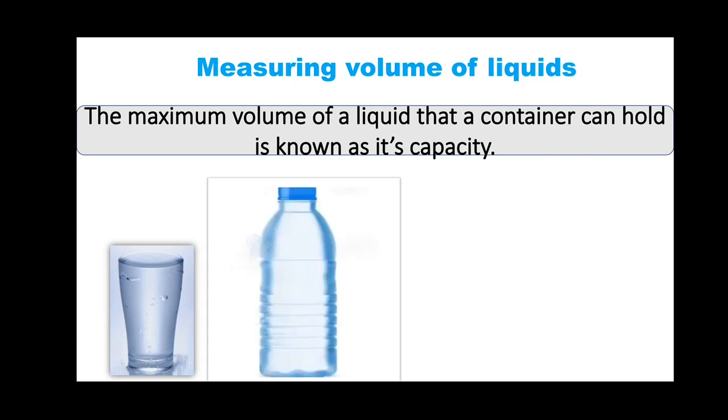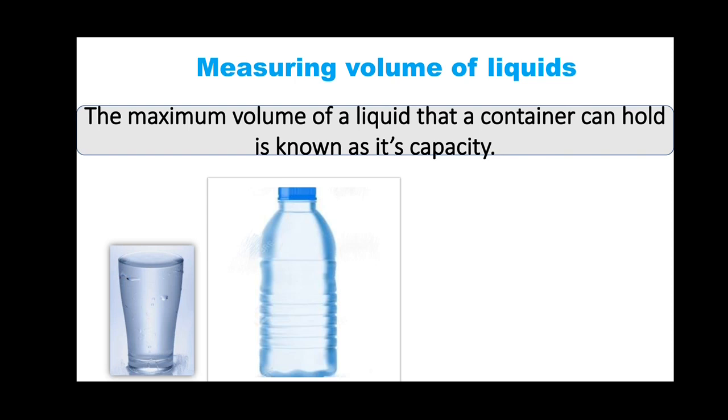Now have a look at this bottle. This bottle is also fully filled with water, and if you remove the cap and pour some more drops of water, it will also overflow. This shows that this bottle also has a capacity. Like that we can say that every object has its own capacity.